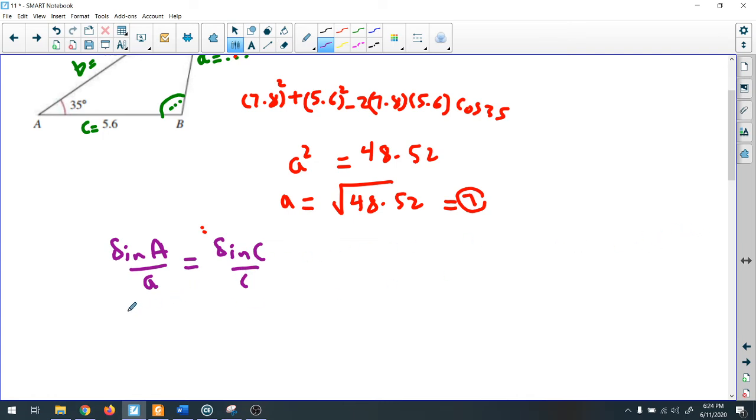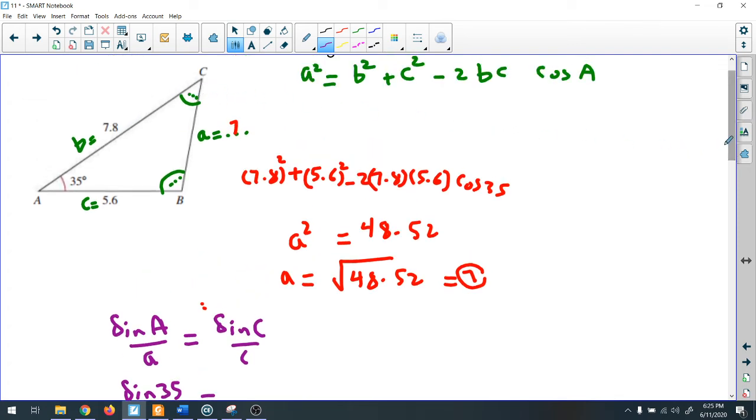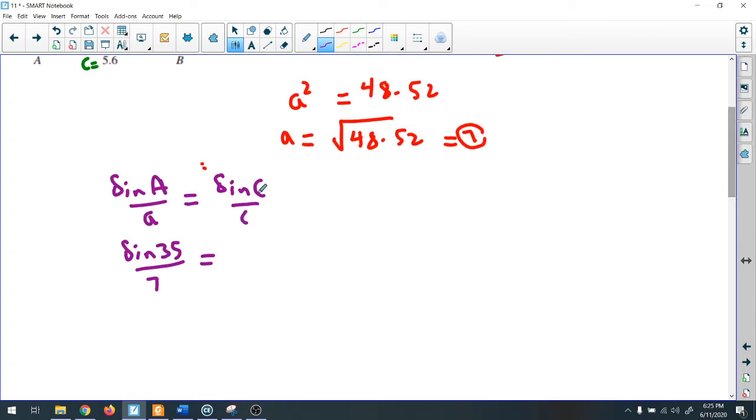Sine of 35 divided by a, which we just got, about 7, equals sine C, we don't know angle C, it's not given, we need to find it, divided by side c.